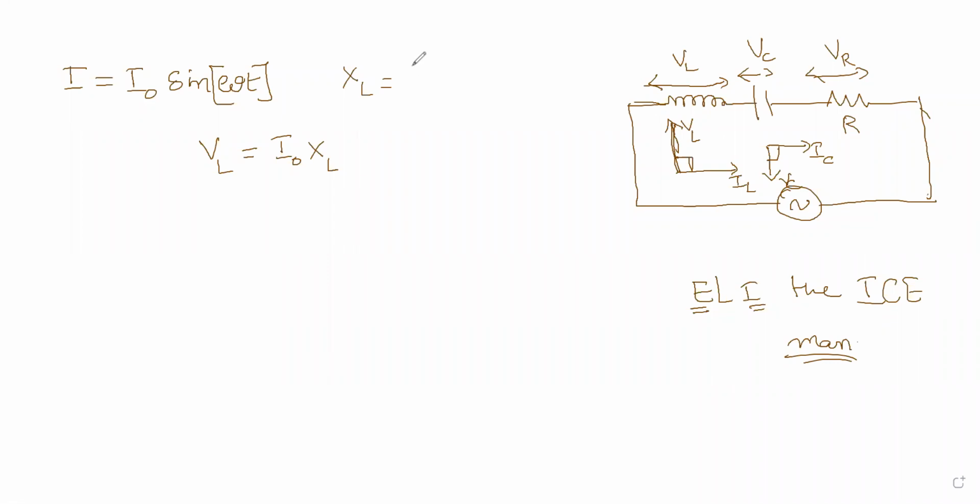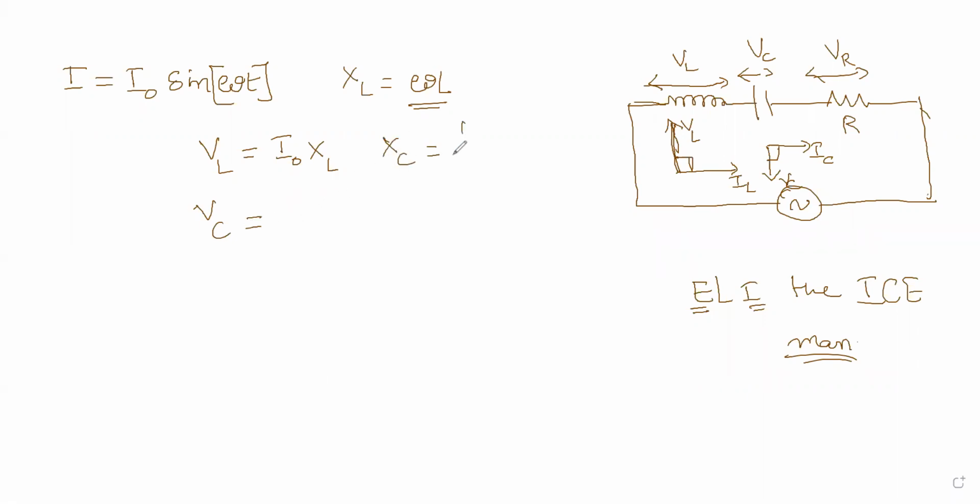Anyone remember how much we got? Omega L. We got omega L, right? That is inductive reactance. And if I write for VC, how will the capacitive reactance be?